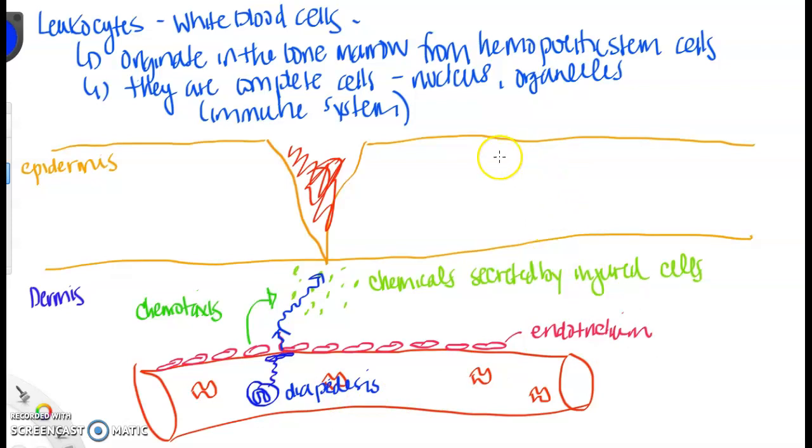All right, there are two types of white blood cells. The first type are called granulocytes. And these are white blood cells that have granules in their cytoplasm.